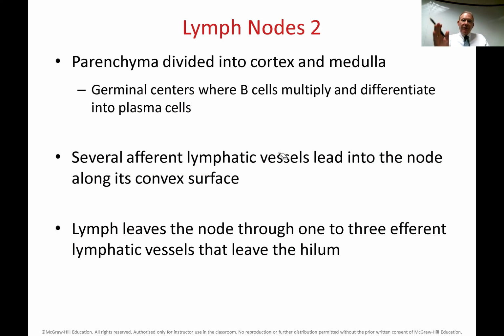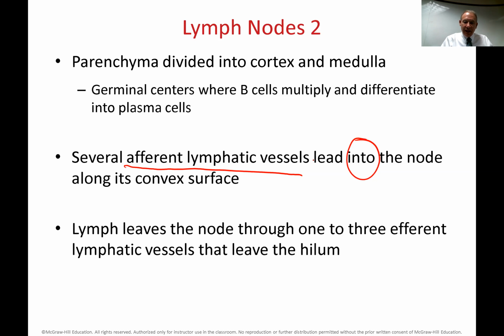When the lymph is moving through the lymphatic vessels, from time to time, it'll have to pass through lymph nodes. So there has to be a way into the lymph nodes, and there has to be a way out of the lymph nodes. Remember from the nervous system, we talked about afferent and efferent. We have afferent lymph vessels that lead into the lymph node.